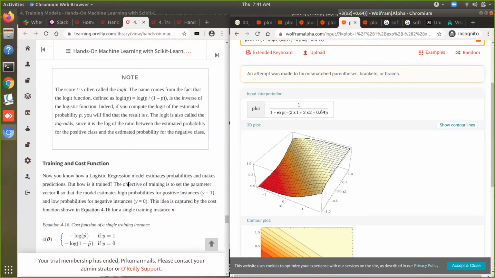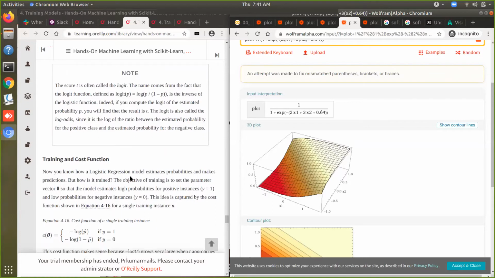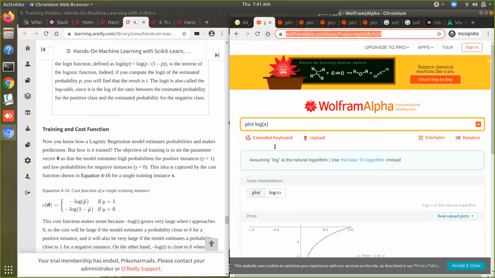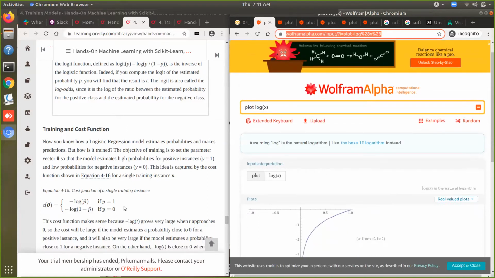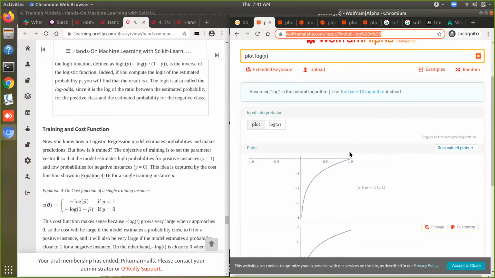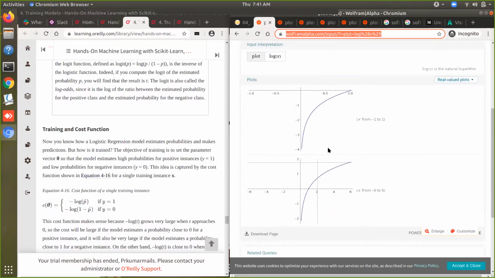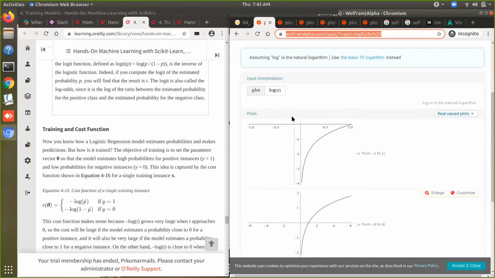The cost function we are going to see is this one. First let's see the curve for log of x. When x approaches positive infinity, it keeps growing.